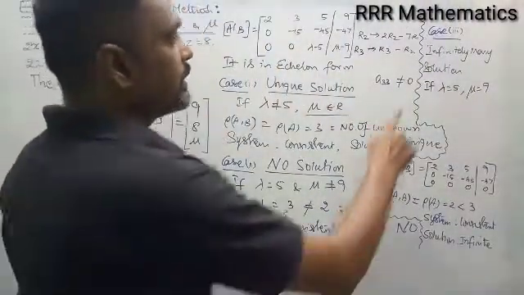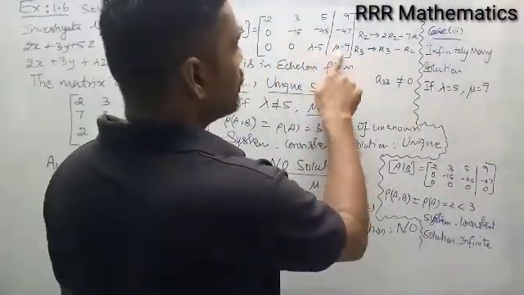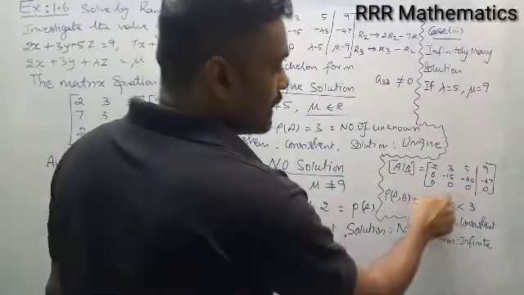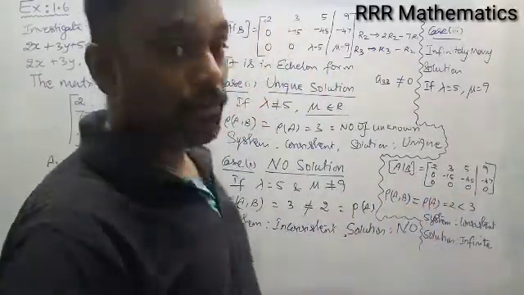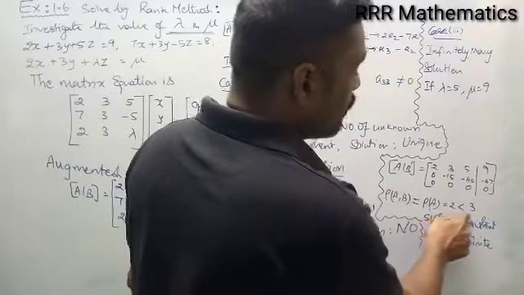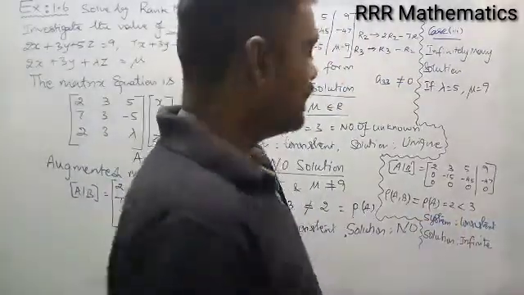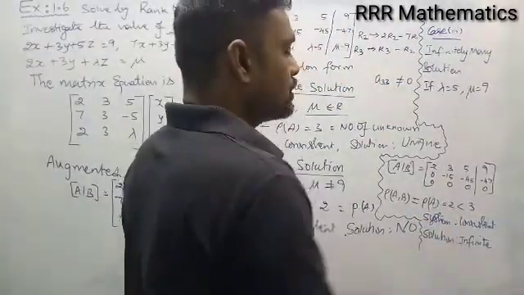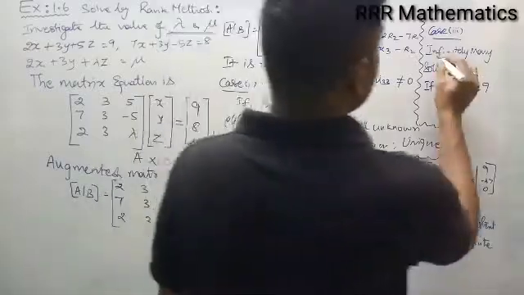If you take lambda equal to 5 and mu equal to 9, completely the third row vanished. So the rank of A comma B and rank of A are equal, which is equal to 2, but less than 3, that is the number of variables. Therefore the system is consistent, solution will be infinitely many.